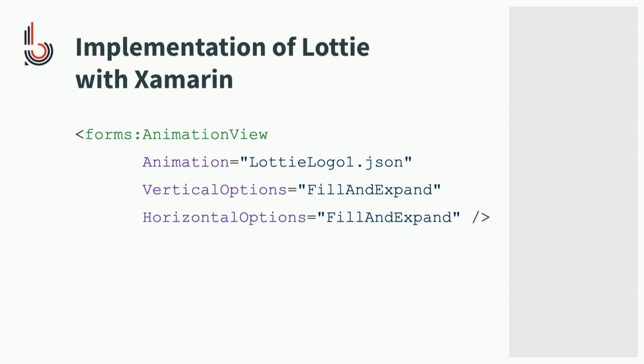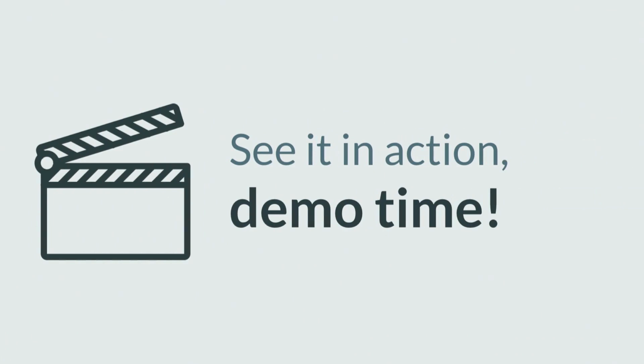So this is the code you would use for a typical Forms application to add animation. You put in the animation view, with the Forms in front of it, which includes the namespace at the top. And that's it. So let's have a look.